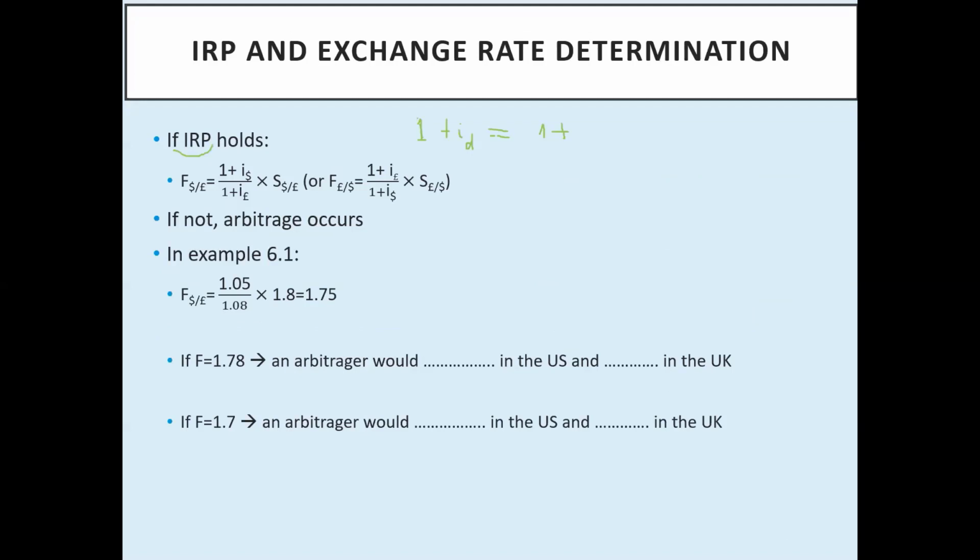All right, so we were here. So with the IRP, this was the equation that we derived, right? On the left-hand side, I have got the interest rate of the domestic country.